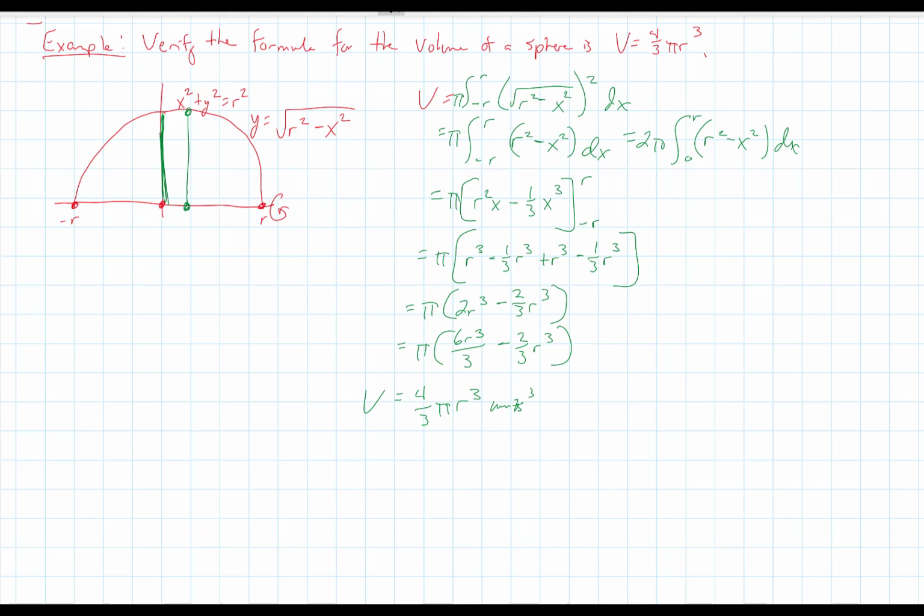Now, if I were to do this the other way, so we know that these are equivalent. So that's 2 pi times, when we find the antiderivative of r squared minus x squared, that's still going to be r squared x minus 1/3 x cubed. Now it's just being evaluated from 0 to r. So that's 2 pi times, plugging in r now, r cubed minus 1/3 r cubed.